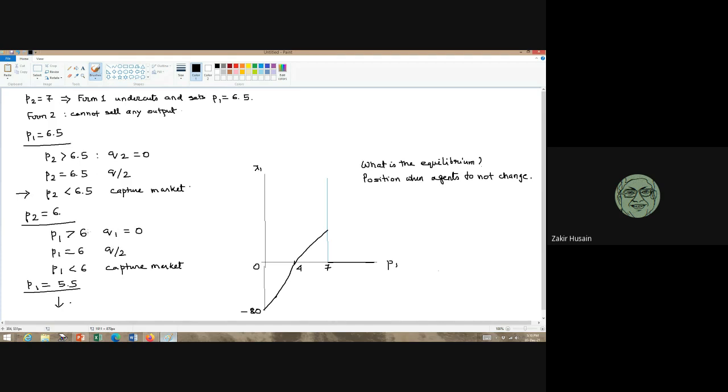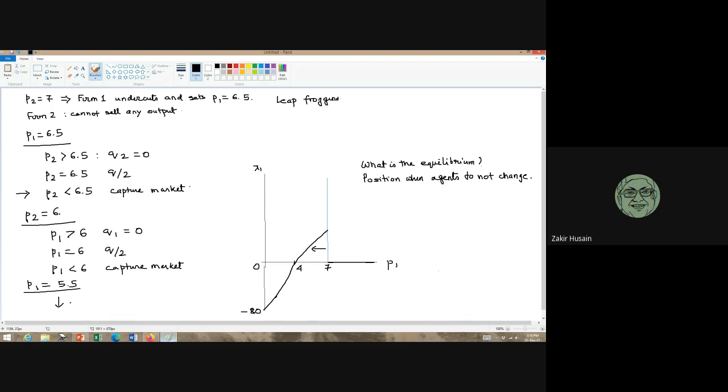But now the price is gradually getting lower and lower. So you start from 7 and you are gradually lowering price. How long will this continue?